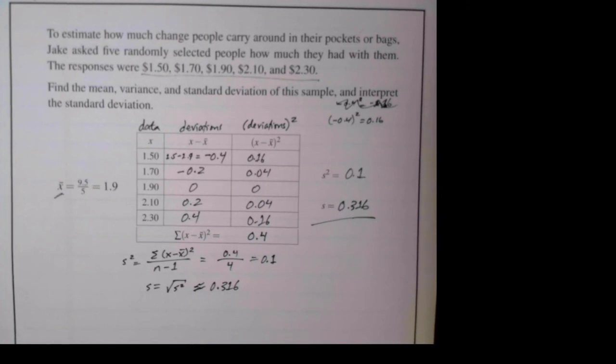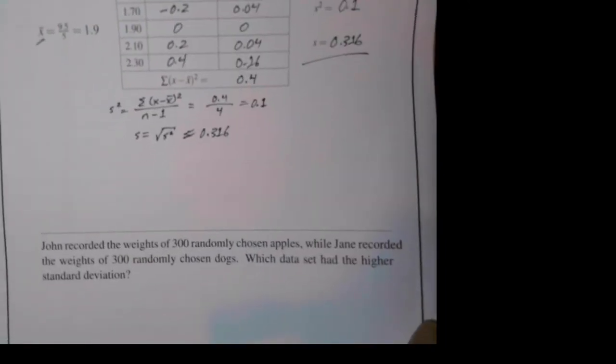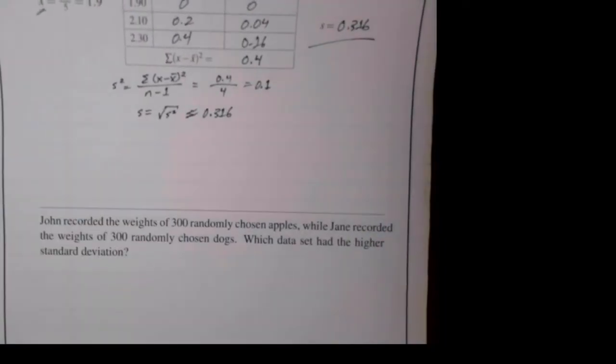All right, let me ask you one more question. John recorded the weights of 300 randomly chosen apples, while Jane recorded the weights of 300 randomly chosen dogs. Which data set had the higher standard deviation? Well, it'll be the one with the most variation, right? The one with the most values far away from the mean. The weights of apples vary, certainly.